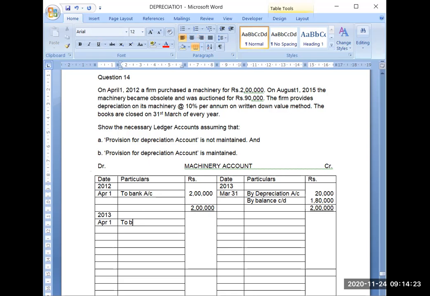To balance brought down. Now the balance brought down is 1,80,000.